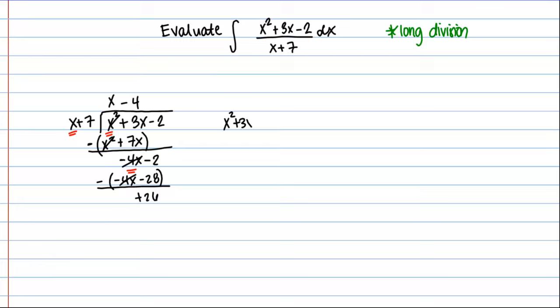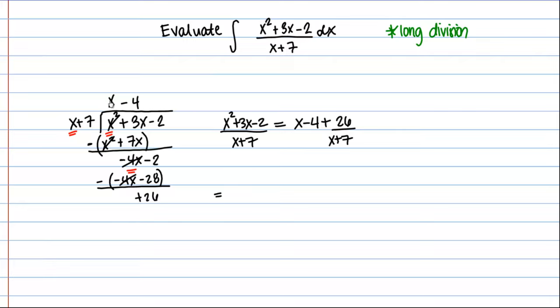Okay, so what just happened is I divided these polynomials, and the result was x minus 4 with a remainder of 26. And the way I write my remainder is plus 26 over x plus 7. So now I can rewrite my integral using this result.